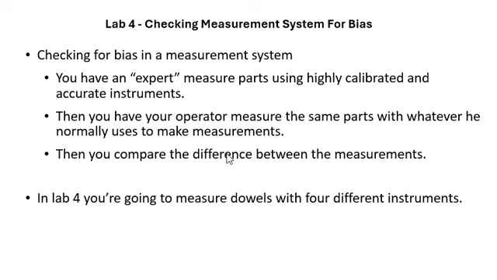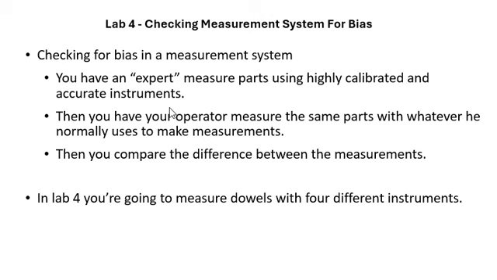Now I am going to get into a little bit about your lab 4, what we have to do. The optics side, I think, does lab 5, but on our side, MET, mechanical technology, you are going to do lab 4. The purpose of lab 4 is to check the bias in your operator system, which is your measurement system.